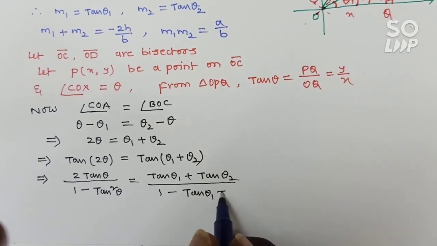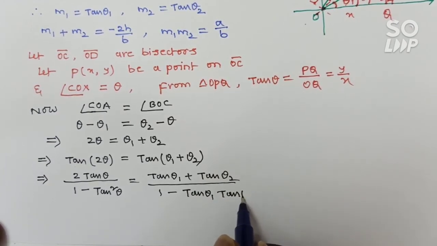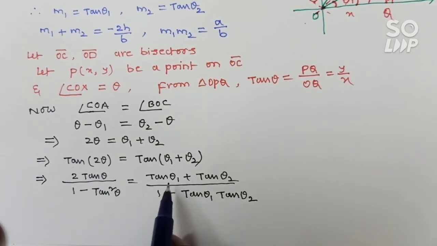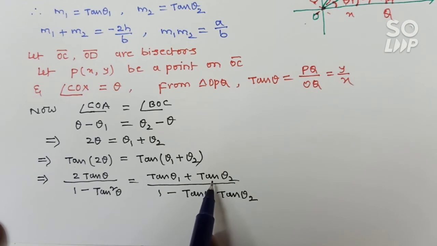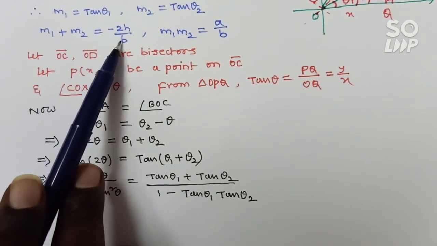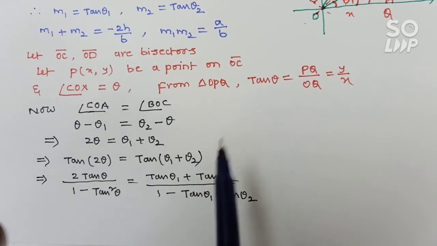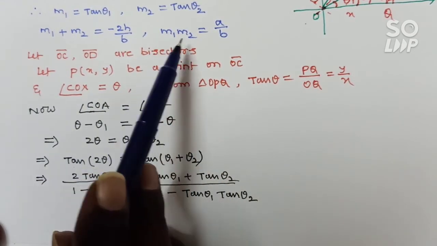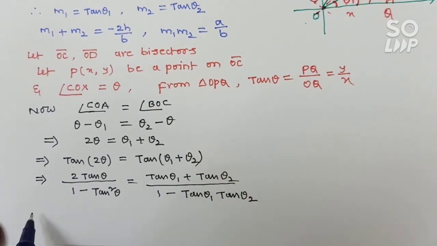You know here that tan theta value is y by x. Tan theta 1 plus tan theta 2 is the sum of the slopes, minus 2h by b. Tan theta 1 into tan theta 2 is the product of the slopes, that is a by b.